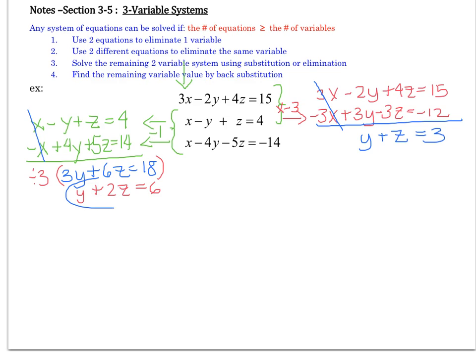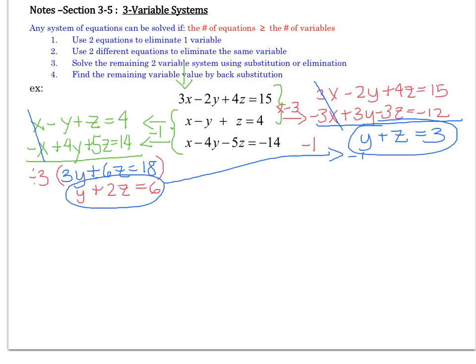Alright, so I have two equations here. I have this equation in y and z, and I have this equation, and I want to bring them together. It looks like if I multiply one of them by a negative, I can get my y's to cancel. So I'm going to rewrite this one over here, but multiply everything by -1.